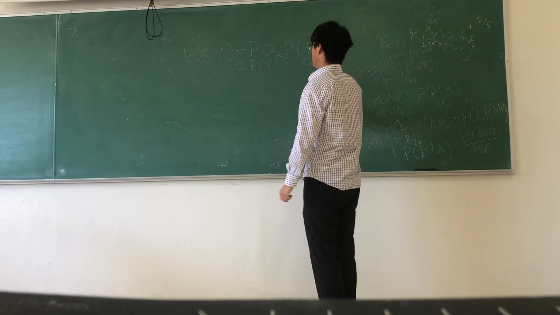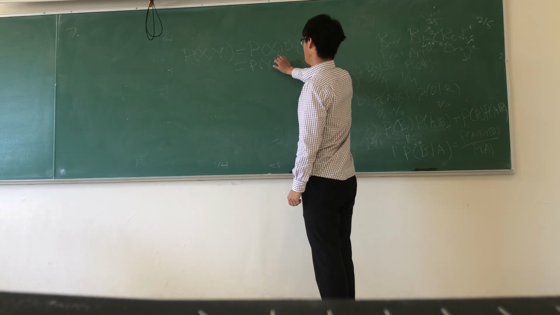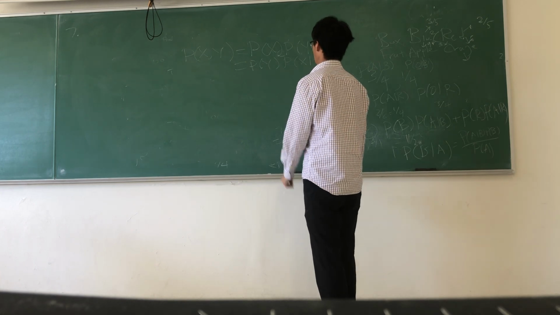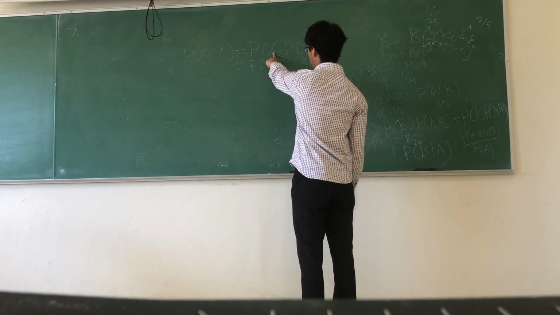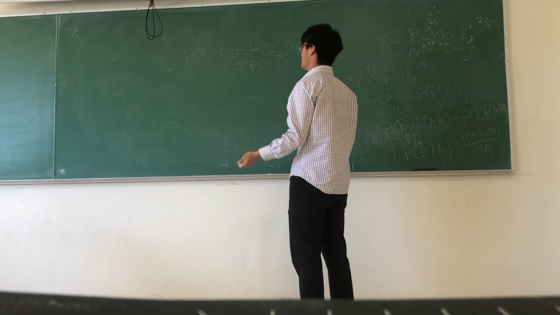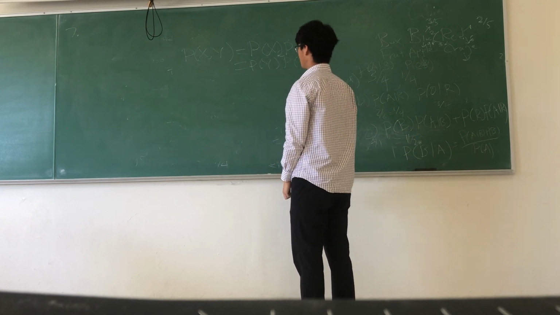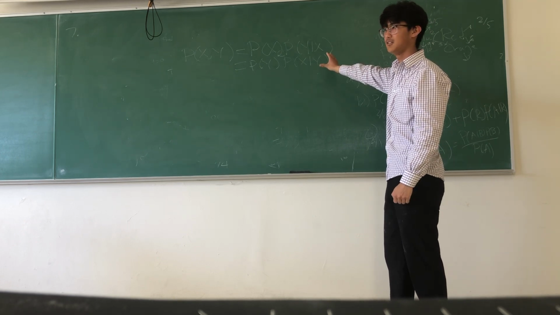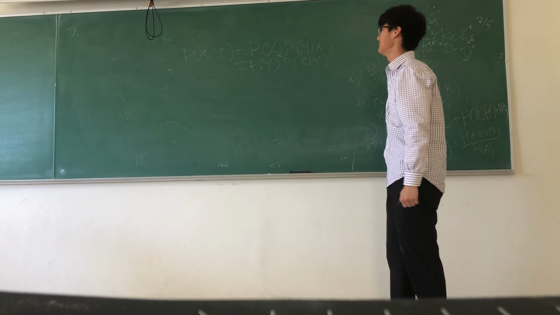Bayes' rule is just this one equals this one, and I divide both sides by P of y. I could also do it the other way around and divide both sides by P of x. I find this easy to remember because it's symmetrical: you start from the symmetrical form and then divide out.